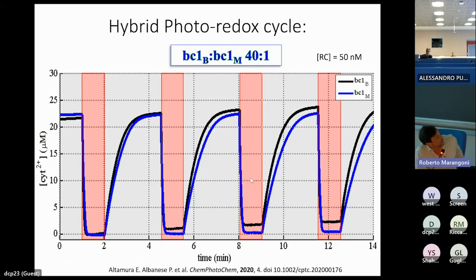of the BC1 extracted from mitochondria that is 40 times lower than the bacterial version.